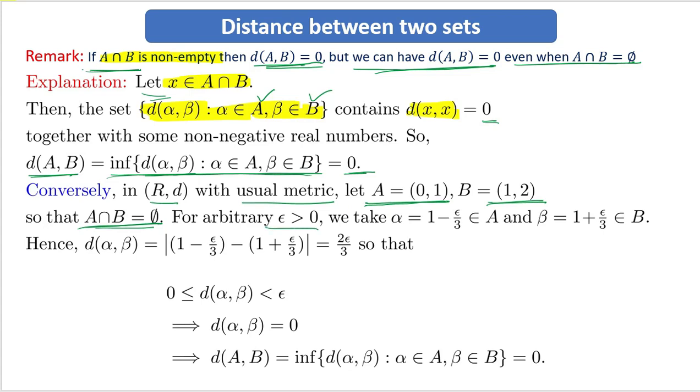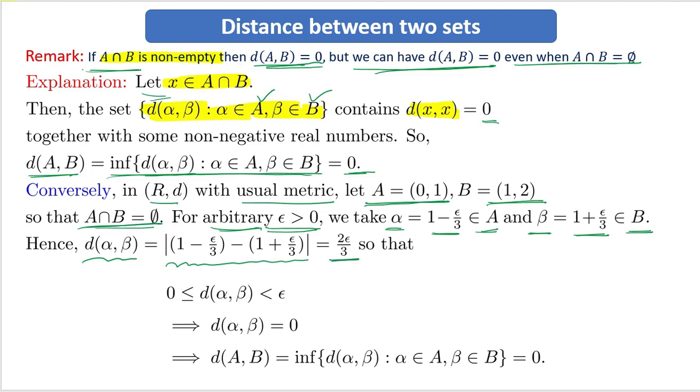How? We are taking epsilon, any arbitrary positive number, and we are setting alpha equal to 1 minus epsilon by 3 so that it becomes smaller than 1 and it becomes a member of the set A. We are also taking beta as 1 plus epsilon by 3 so that it becomes greater than 1 and becomes a member of the set B. Now if we calculate D alpha beta, then according to the definition of the metric, it is going to be modulus of bracketed 1 minus epsilon by 3 minus bracketed 1 plus epsilon by 3, which is 2 epsilon by 3.